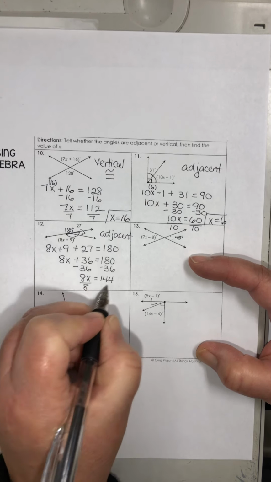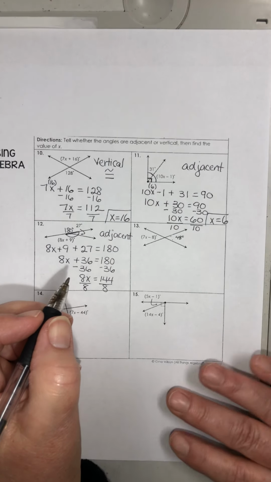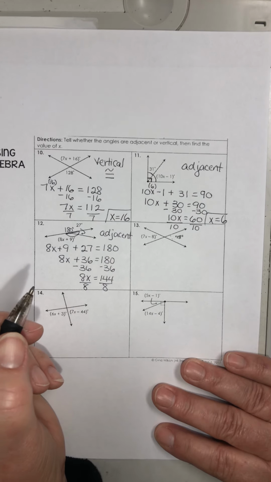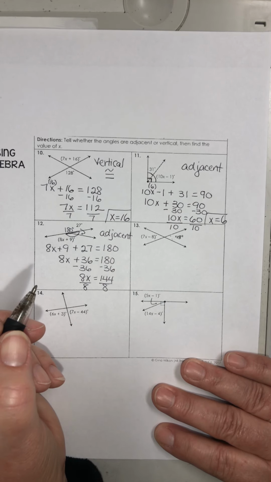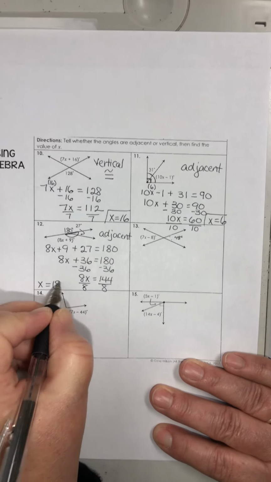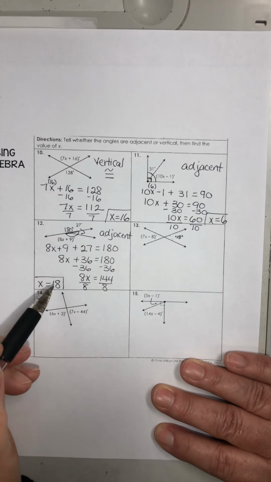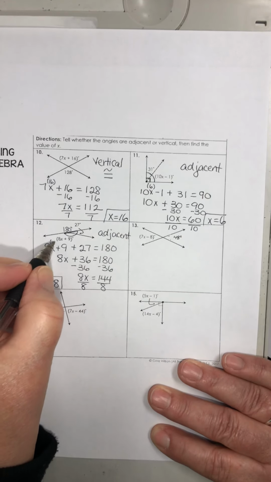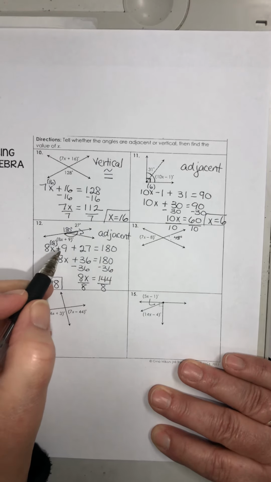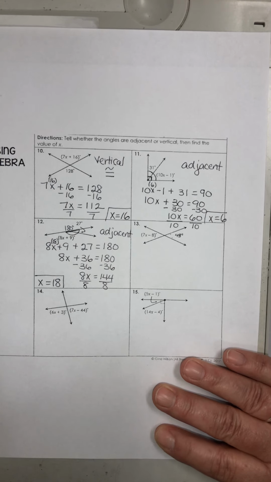Now I'm going to divide by 8, and when I put that in my calculator, it says 144 divided by 8 is 18. So in this instance, x equals 18. Okay, and again, I could go back to my calculator, put in an 18 right here. 8 times 18 plus 9 plus 27 equals 180. That's a check.